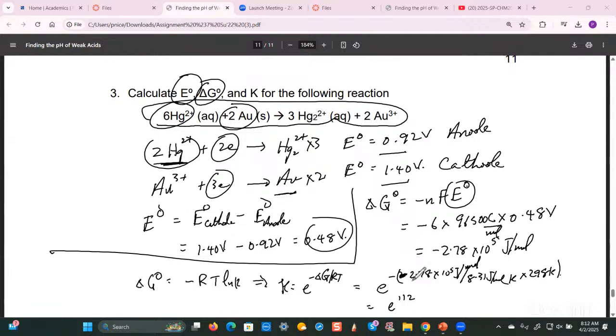And according to my calculation, that works out to be 4.4 times 10 to the 48. And that would be the answer for K. So 4.4 times 10 to the 48 would be the answer for K. And that's basically how we answer that question.